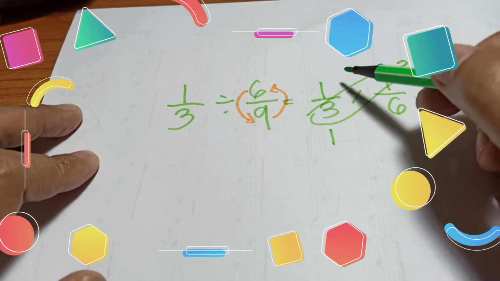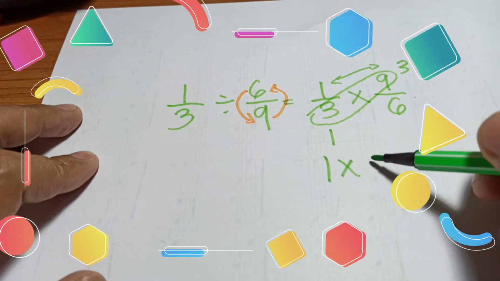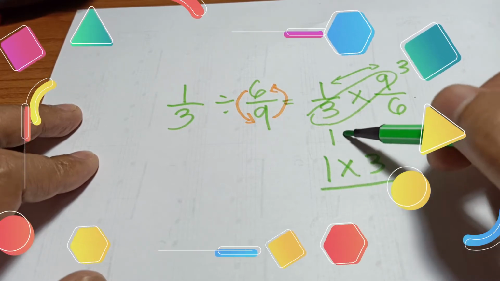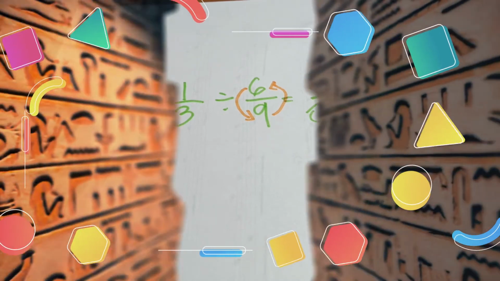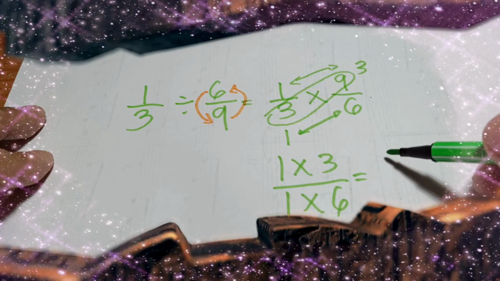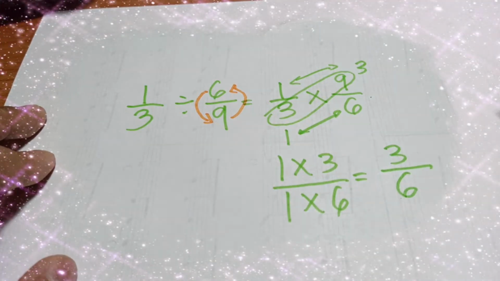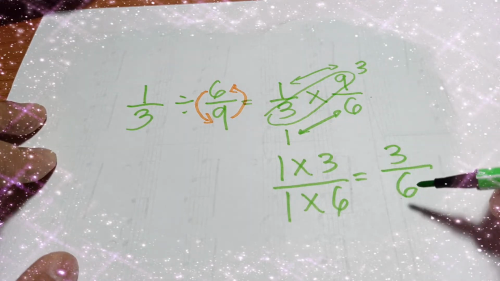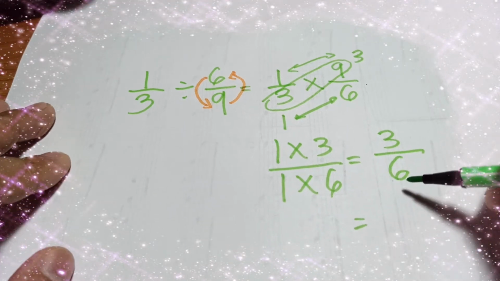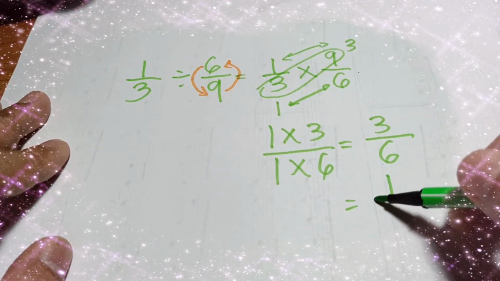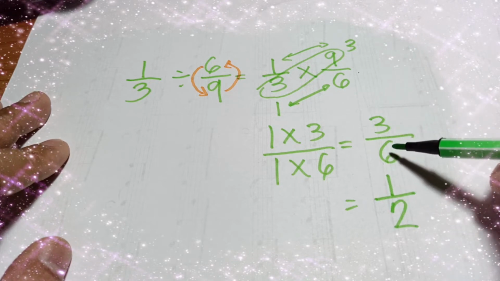So what is 1 times 3? It will become 1 times 3 over 1 times 6. 1 times 3 is 3, and 1 times 6 is 6. But 3/6 can simplify into 1 over 2, because 3 and 6 are both divisible by 3.